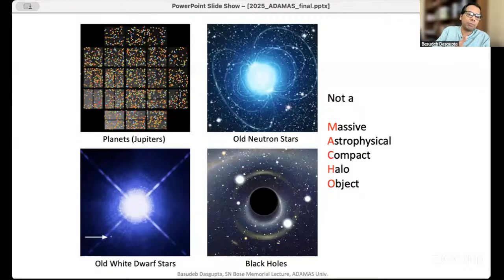So maybe there are planets, or very old neutron stars which have become cold, or very old white dwarf stars, or maybe even black holes. Then maybe there is nothing too fundamental about this dark matter problem. It's just that there is a bunch of astrophysical objects that are hard to see. Could that be the case?